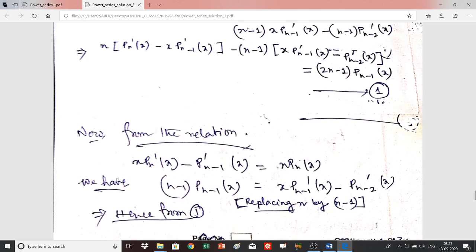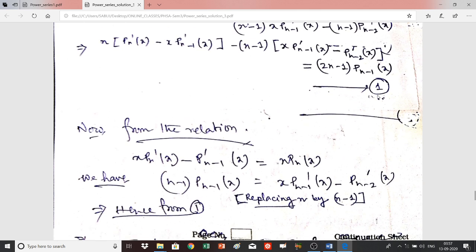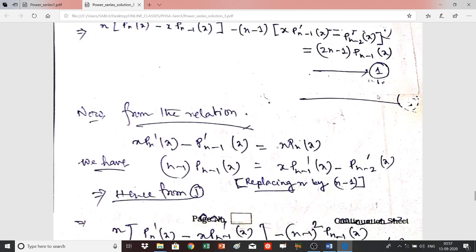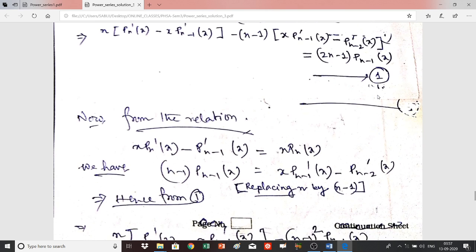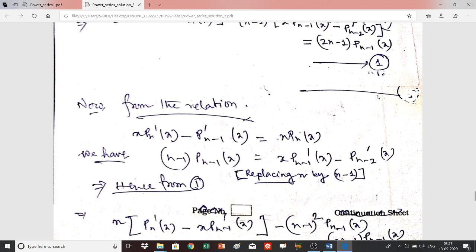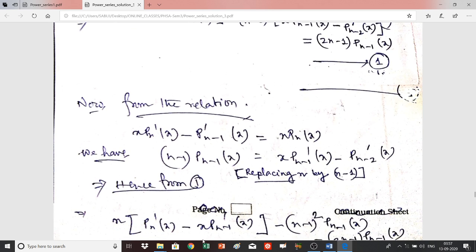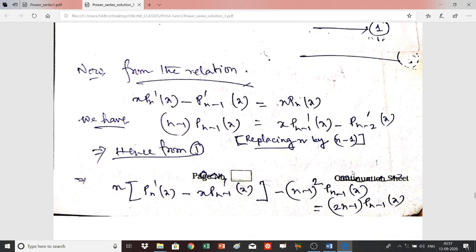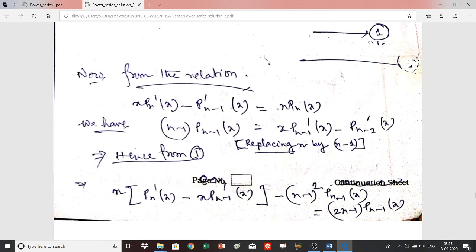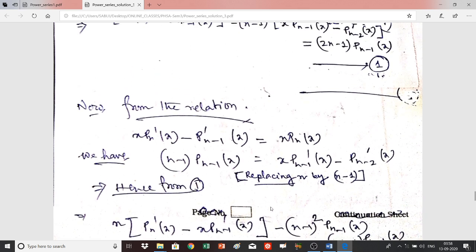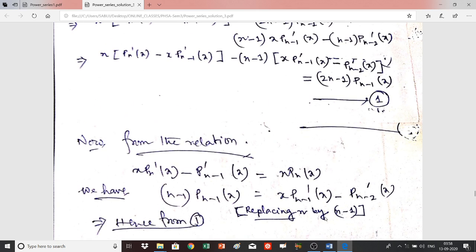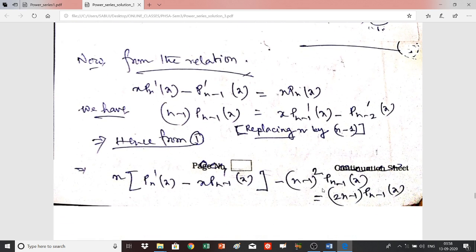from equation 1, that is equation number 1 is written here. So now from equation number 1 you can write that n into Pn x minus n into P(n-1) x, that is equal to, with the minus sign. Just substitute this value. You will have this (n minus 1) whole square P(n-1) x, that is equal to P(n-1) Pn x.